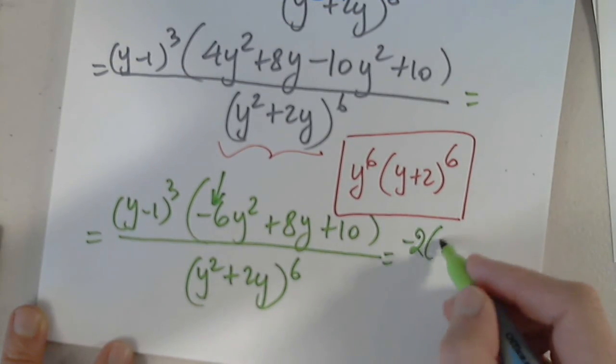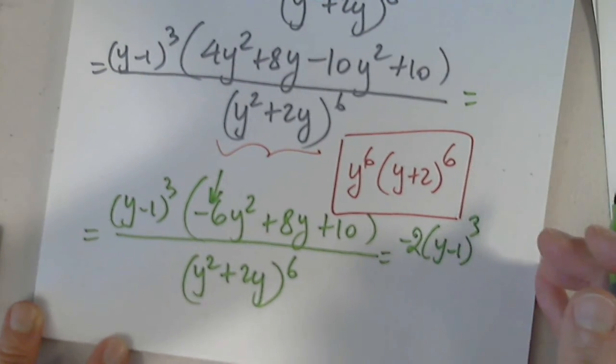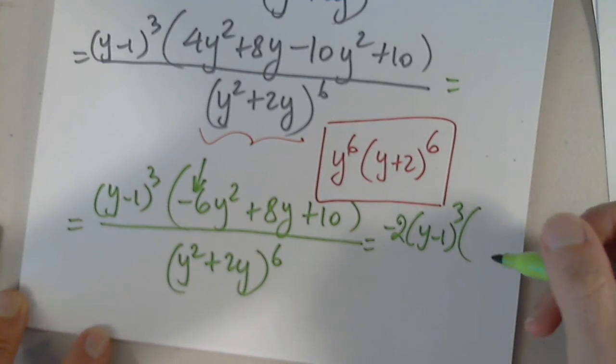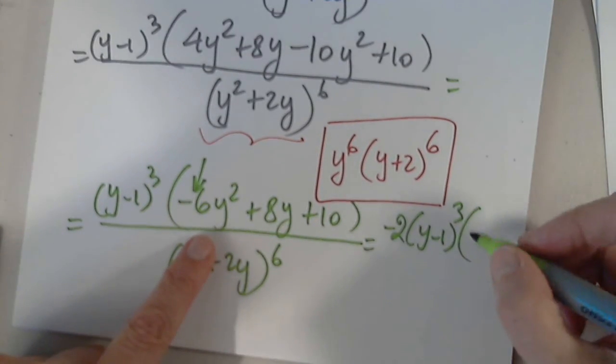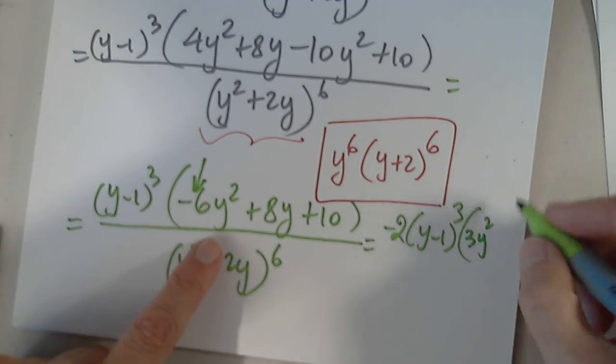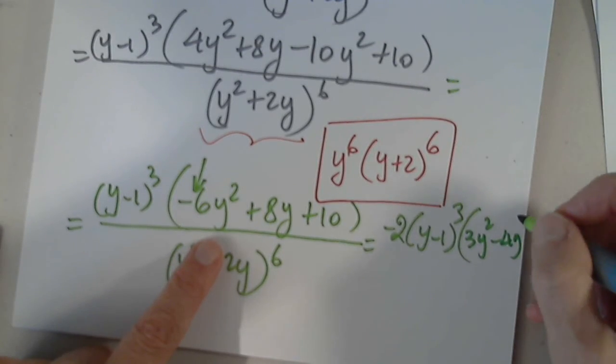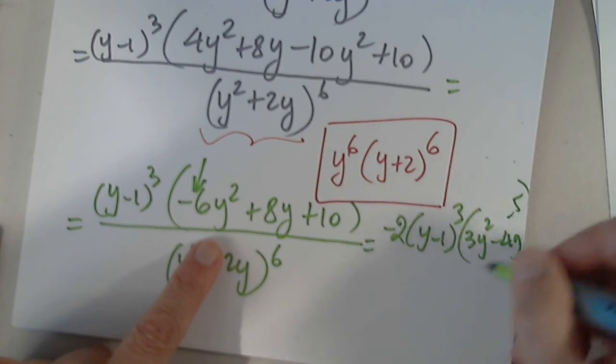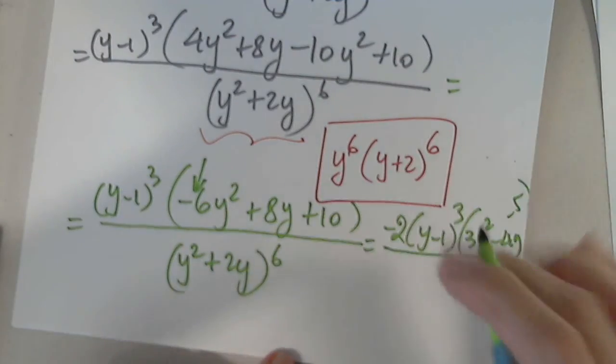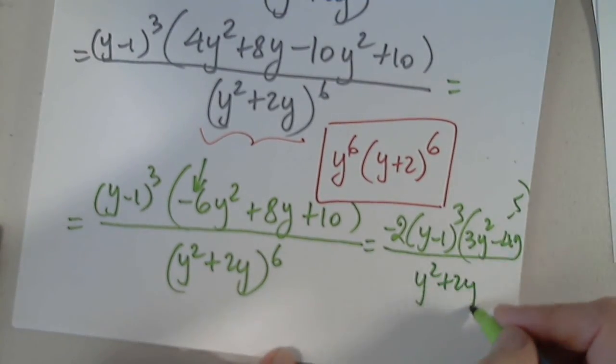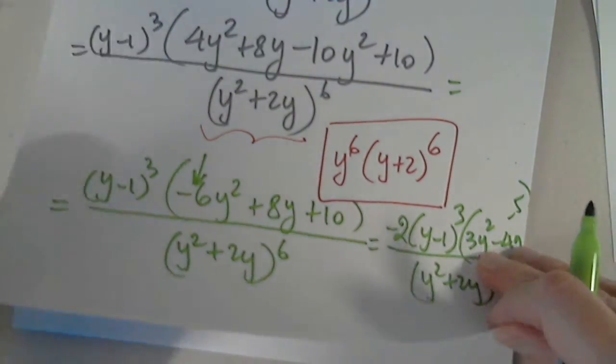So negative 2, y minus 1 to the third. And then, of course, I will run out of room. So this is 3y squared minus 4y. I'm going to write it again. And minus 5. Don't even write it. I'm going to copy it again on the next page.